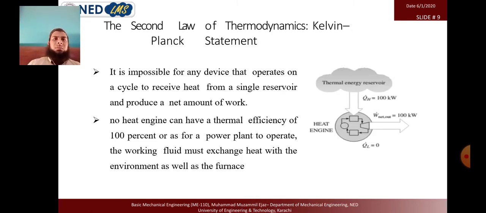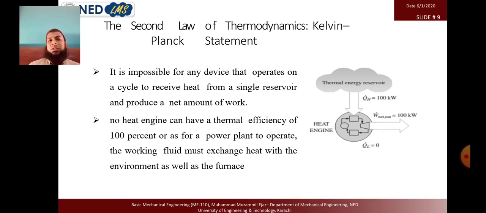Now after studying these terminologies, the heat engine, heat source, sink, work output, and thermal efficiency, we utilize them in the second law of thermodynamics. The second law of thermodynamics is defined by the Kelvin-Planck statement.